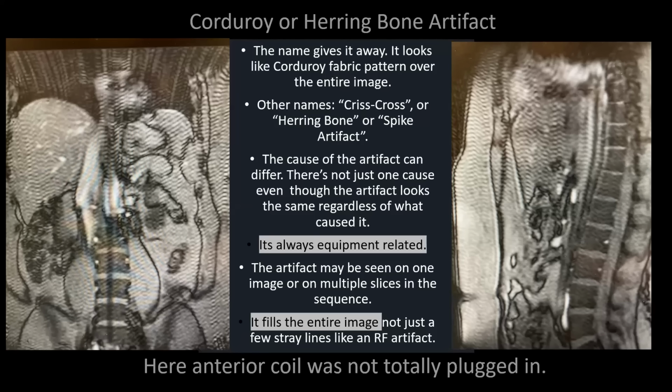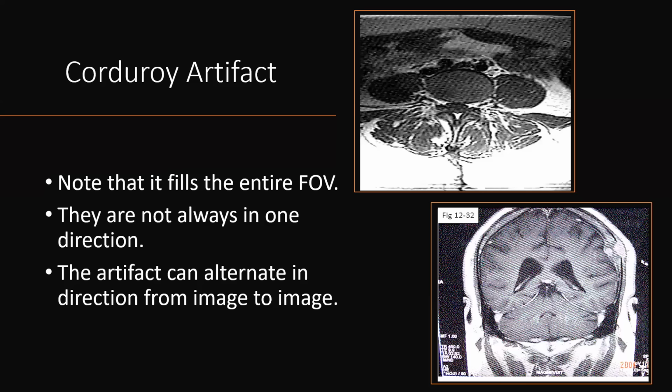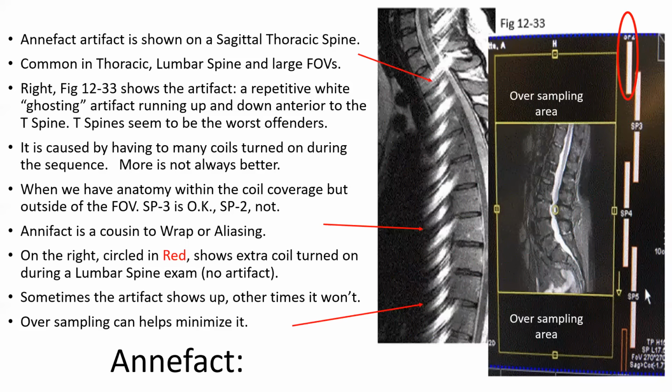I unplugged it, plugged it back in properly, and it was fine. So here's some corduroy artifact. Notice that it fills the entire image. It's not just a single band of artifact like it is in the zipper. RF artifact from bad data points.